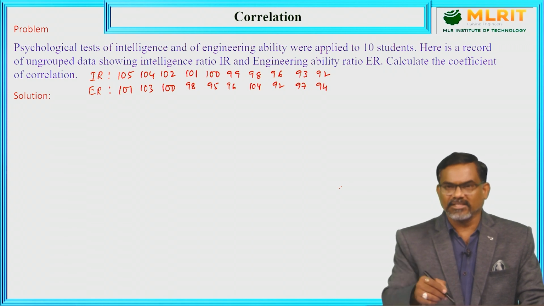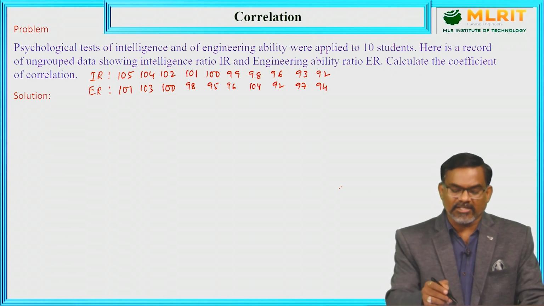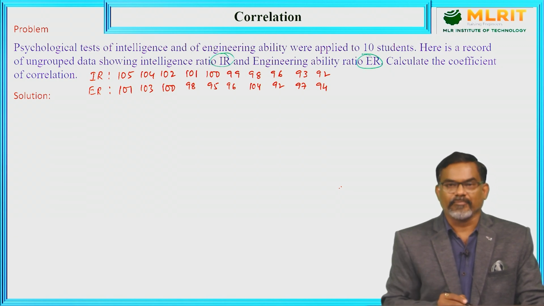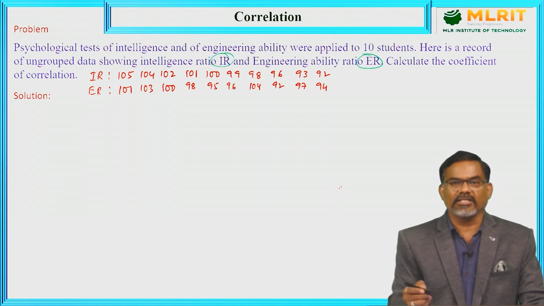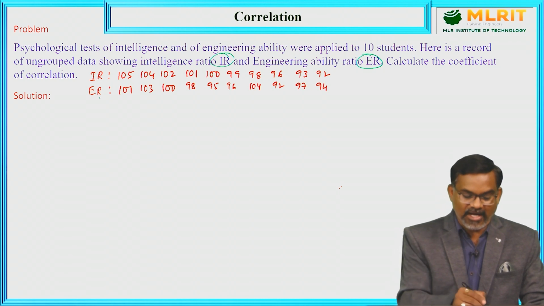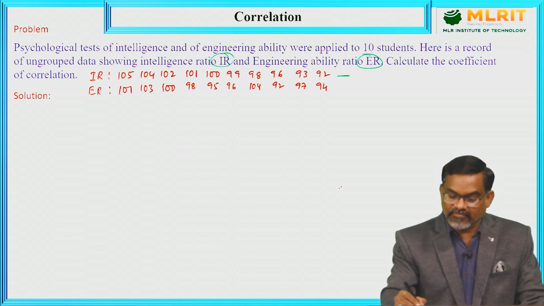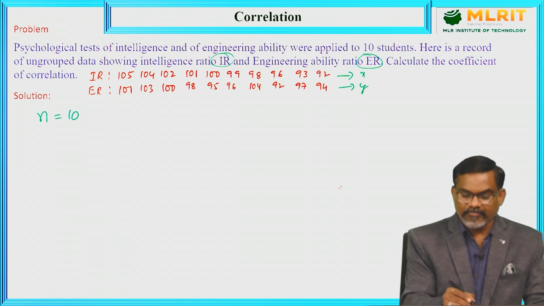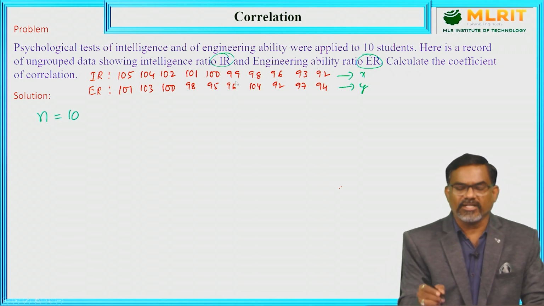So the data is given about 10 students. Let us denote the intelligence ratio by IR and the engineering ratio by ER. The values are given. Calculate the coefficient of correlation. I will denote the first one by X and the second one by Y. So total number of values n is 10.